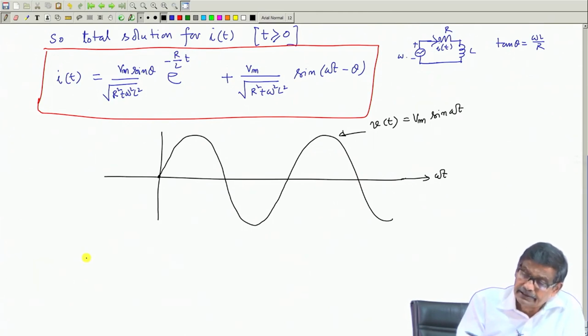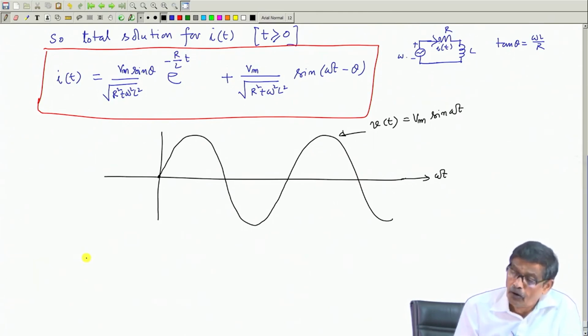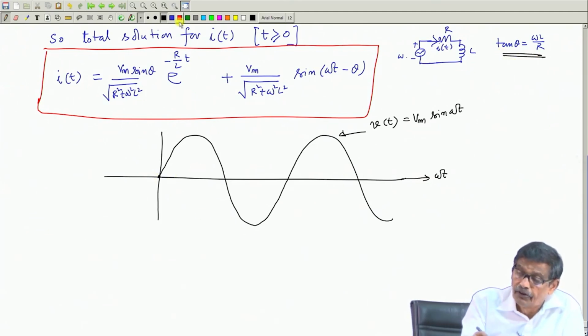See, if you look at this current waveform, it has got two distinct parts. One part is V m by root over R square plus omega square L square sin of omega t minus theta. So, theta value is known from this. So, the current waveform will be lagging the voltage waveform by an angle theta.